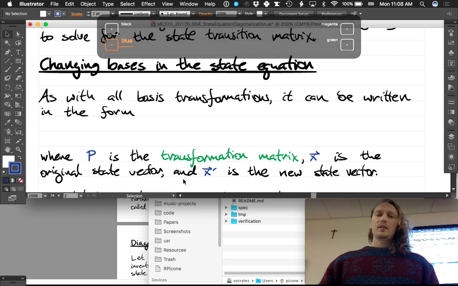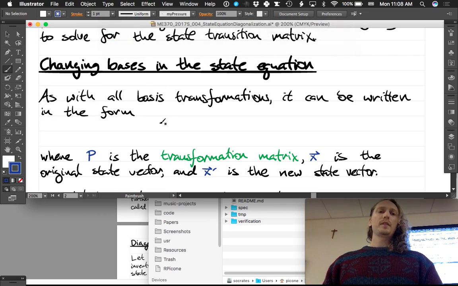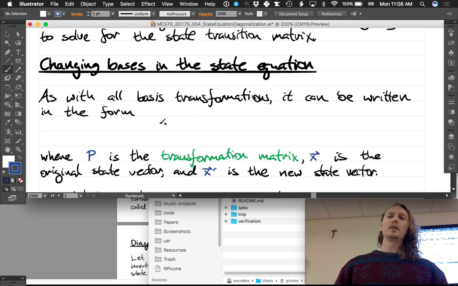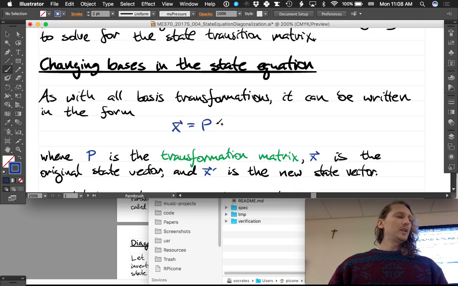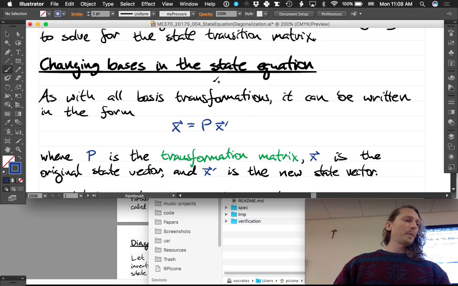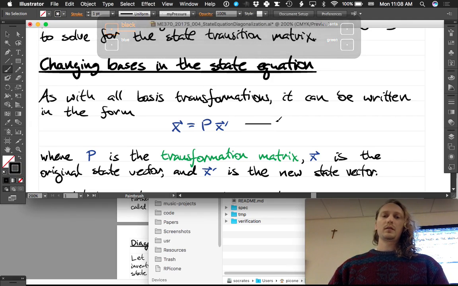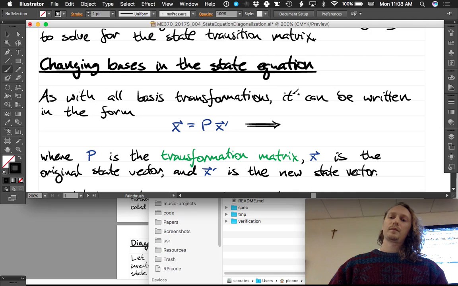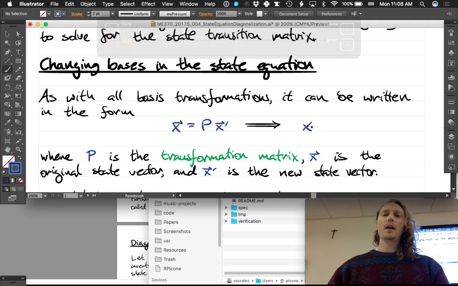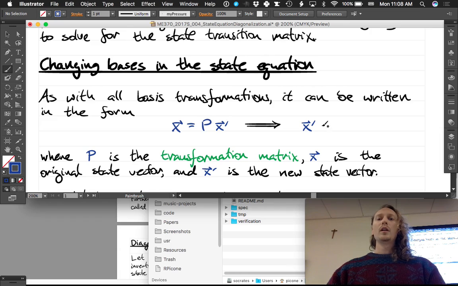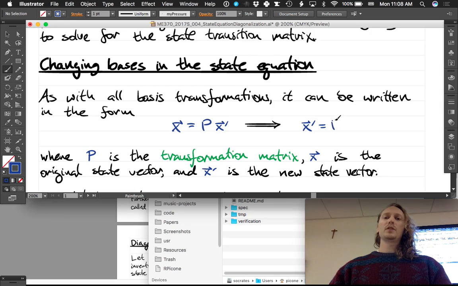And we're just going to apply that to this state equation. So, as with all basis transformations, it can be written in the form x equals some transformation matrix P times x prime. Okay, so we can solve that for x prime. x prime is our new state vector in this transformed basis.